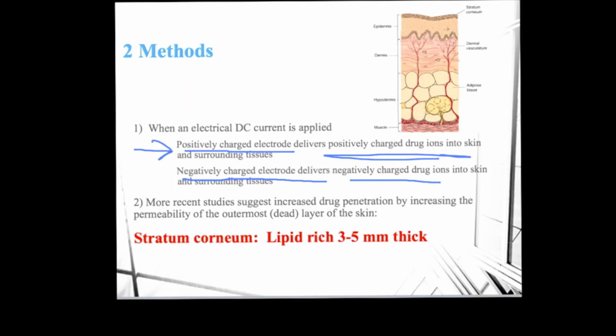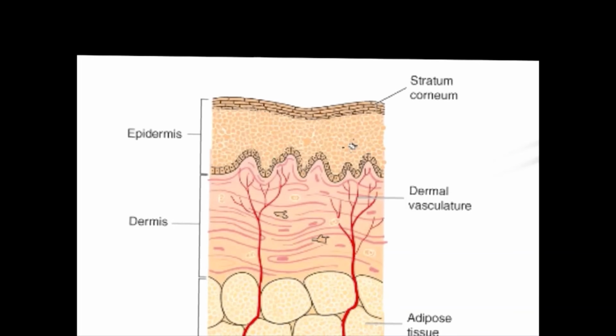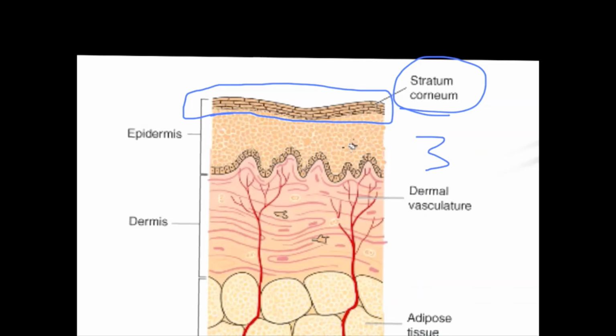But ultimately, the main point of this slide, and the most important part to look at, is the stratum corneum over here. This is the outermost layer of our skin, and that is the main barrier to preventing anything into our skin. So that is what we have to get through. It's lipid rich, and it's approximately 3 to 5 millimeters, and 5 millimeters would be half of a centimeter, or 0.5 centimeters.